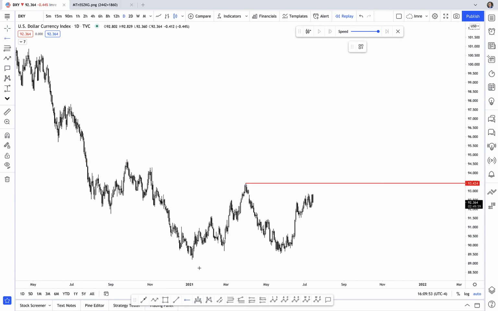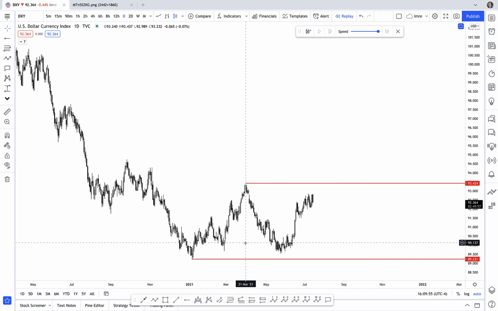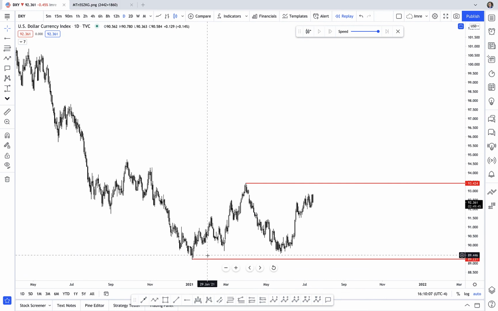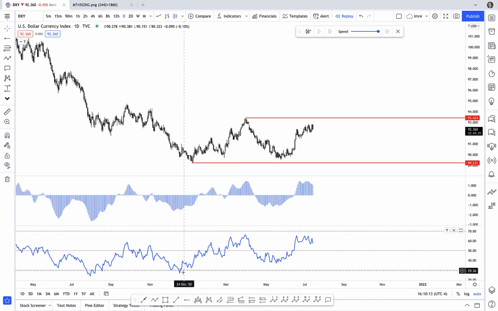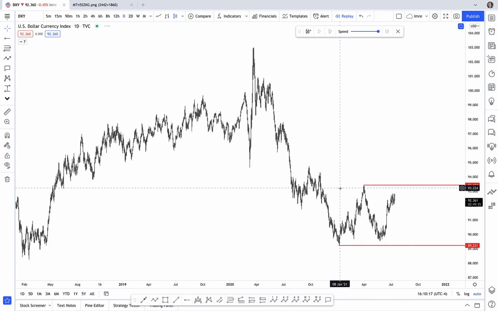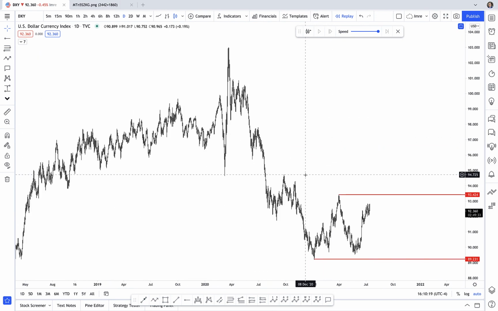So right now, on the weekly time frame, the dollar is kind of in no man's land where we haven't made a new high, so we haven't confirmed a bullish impulse, and we haven't broken below this low, confirming a bearish impulse. But either way, just the very fact that prices are starting to trade sideways and that we have significant bullish momentum tells me that this downtrend is beginning to weaken, right?